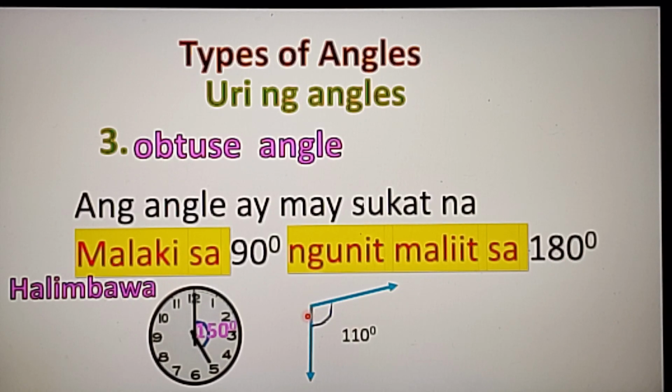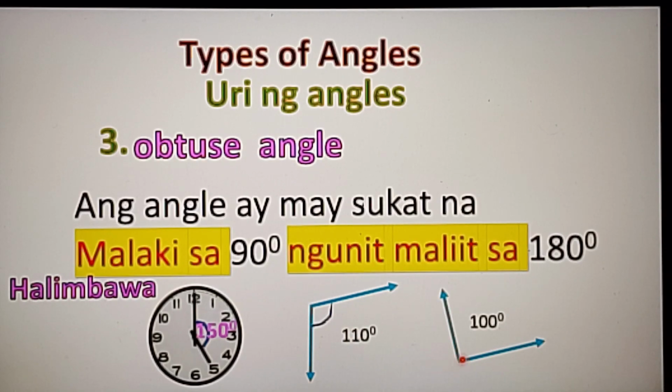Another angle formed by two rays measures 110 degrees is an example of obtuse angle. 110 is greater than 90 degrees, malaki sa 90 degrees, ngunit mababa sa 180 degrees.